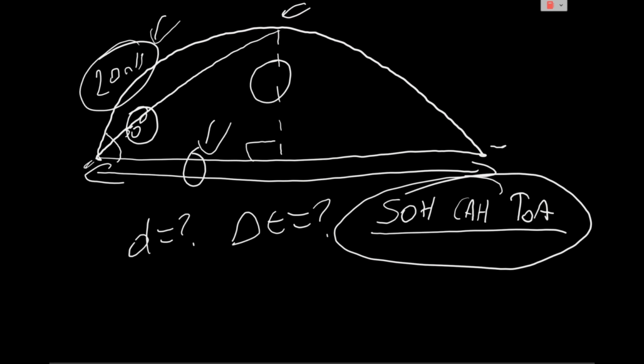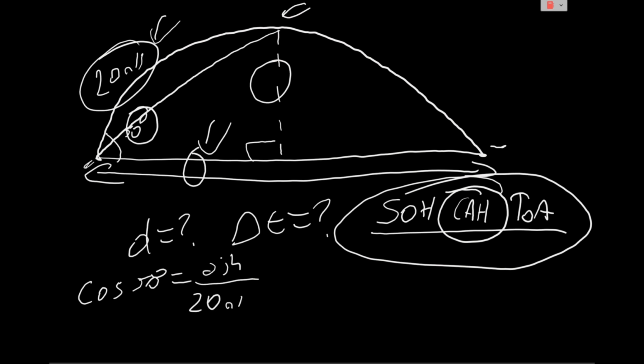For that, we would be using cos, which would be cos 50 degrees equals adjacent over the hypotenuse, which would be 20 meters per second. The adjacent side is about 13 meters per second, which we can then use to solve for time, and we can use the time to solve for other variables.